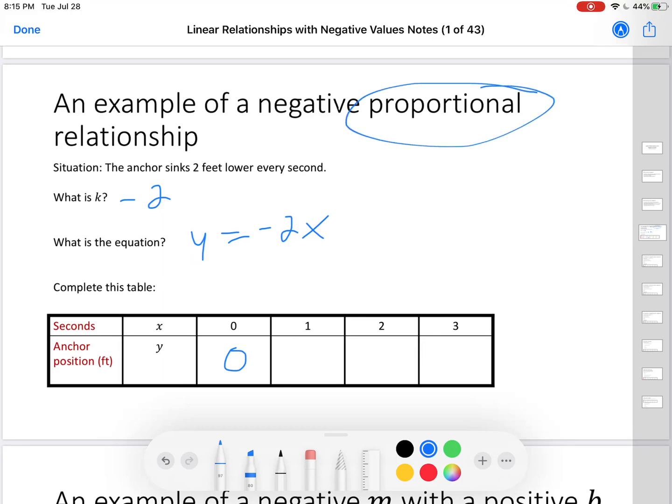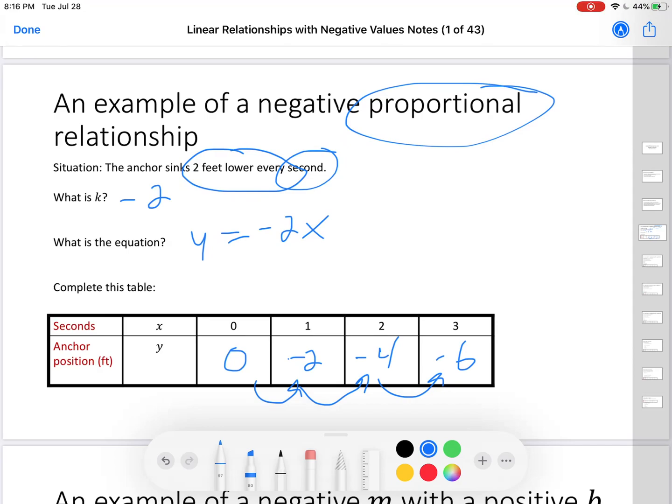It doesn't say it starts anywhere, so it must start at sea level, at the water level. But then it's going down. So it goes to -2, and then -4, and then -6. Notice the amounts are going down by 2 every second. So that's why K is -2.